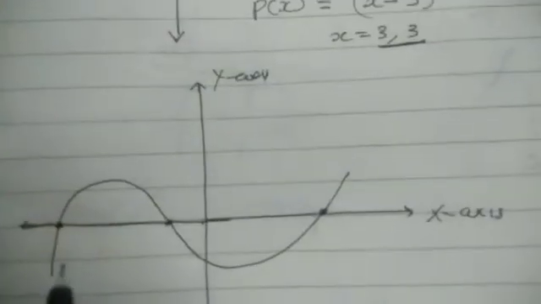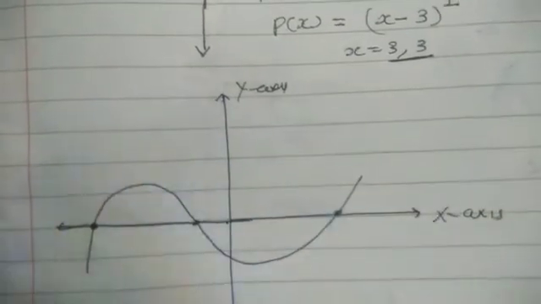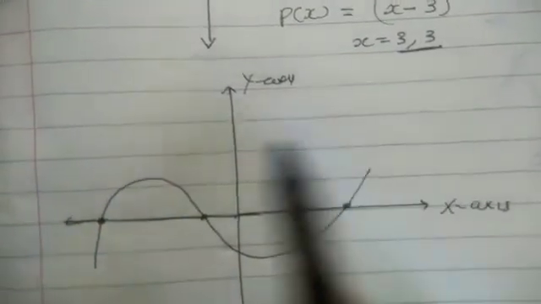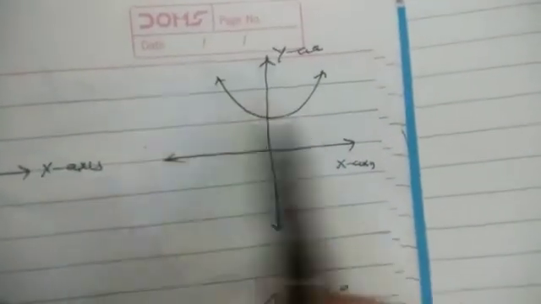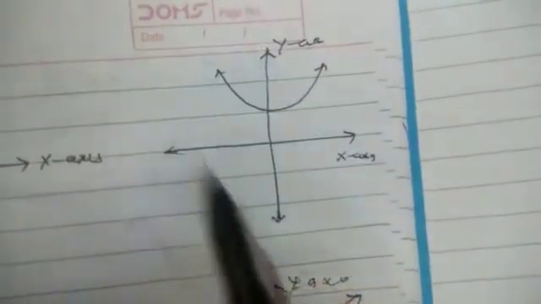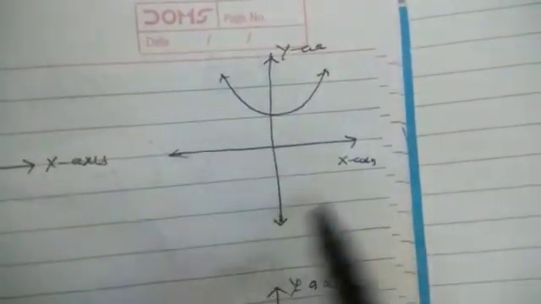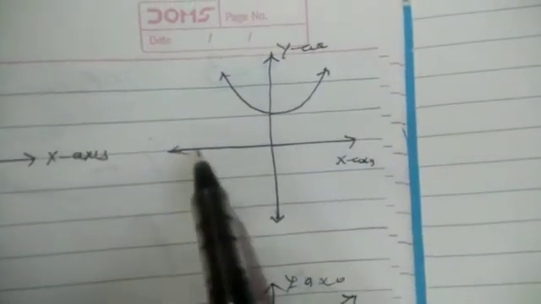If it intersect at 1, 2, 3, then this can be cubic polynomial, so it has number of zeros 3. Now you can see here this graph intersect the y-axis, not the x-axis. So this type of polynomial has no zeros. For calculating number of zero, it must intersect the x-axis.